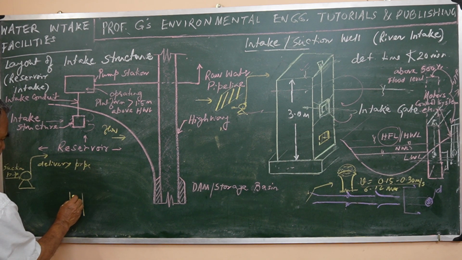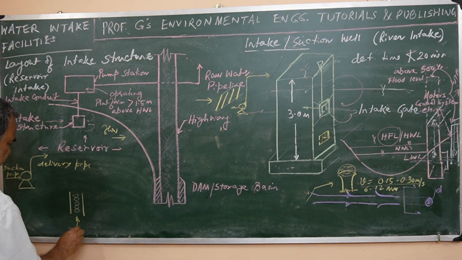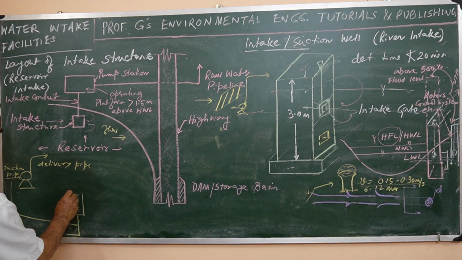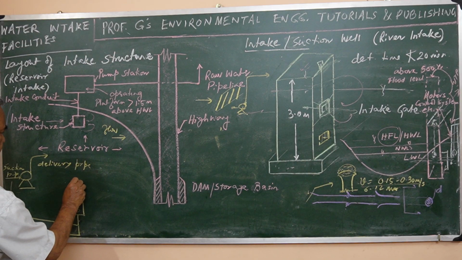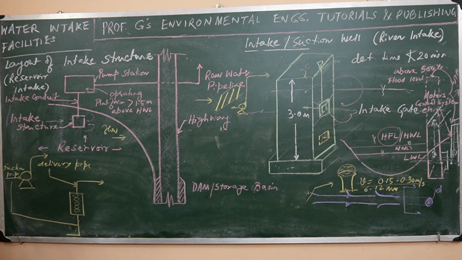Multiple pumps may be there, and when water enters through the suction, it enters into the system. So this is the suction, and here is the delivery system, the same delivery.